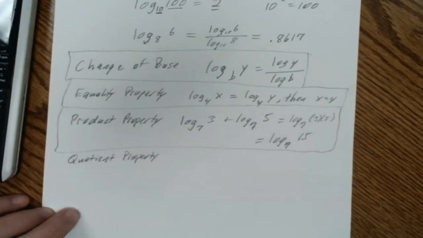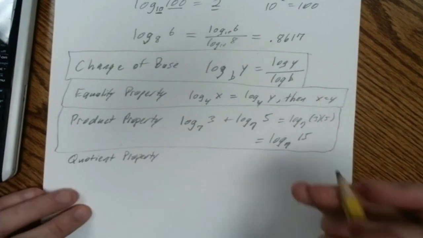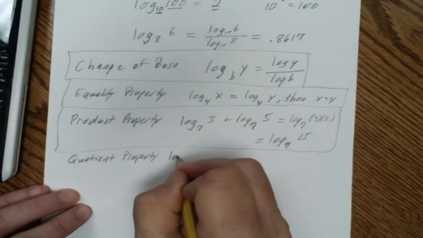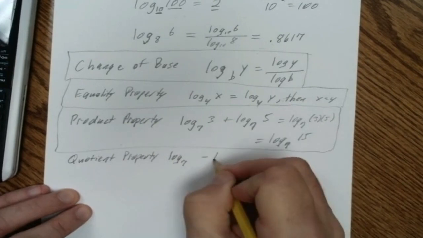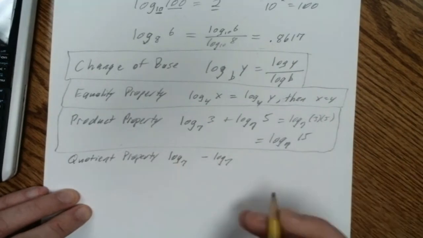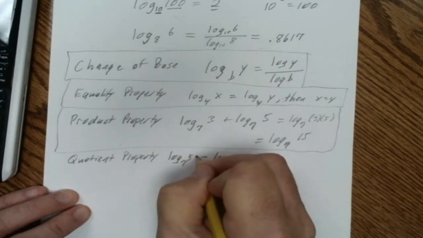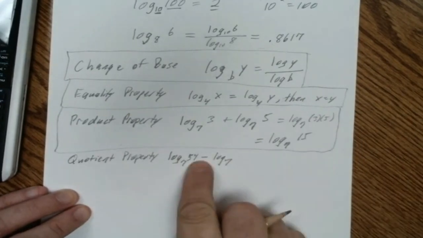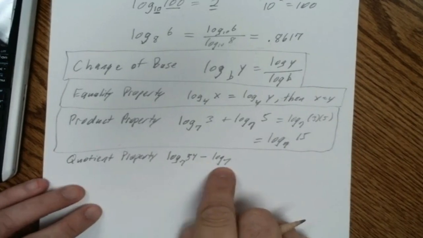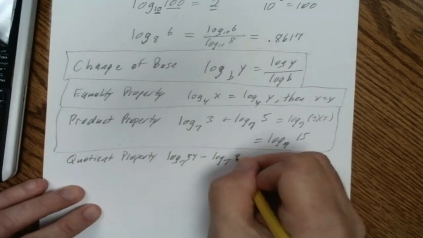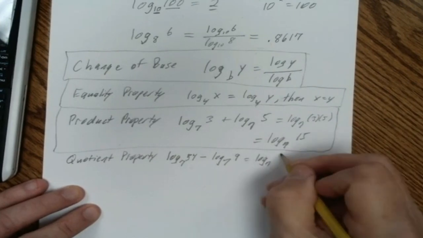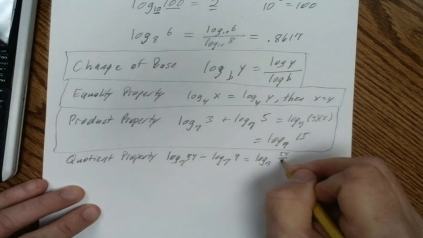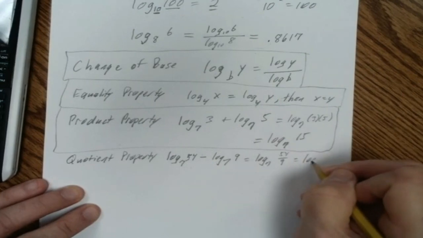All right, so then it says if we have, again, two that are the same base, say log 7. So if I have log 7 of 54, and I'm subtracting from it log 7 of 9, that's the same thing as log 7 of 54 divided by 9, or log 7 of 6.